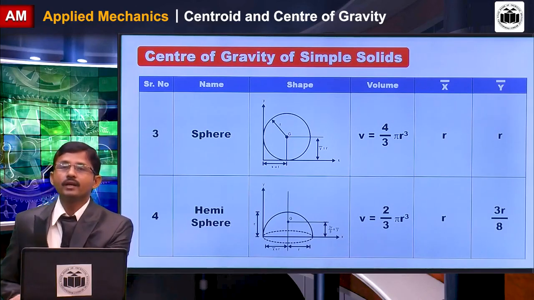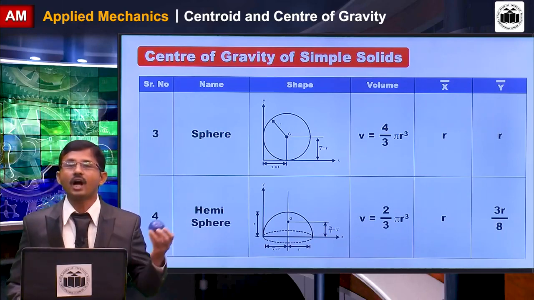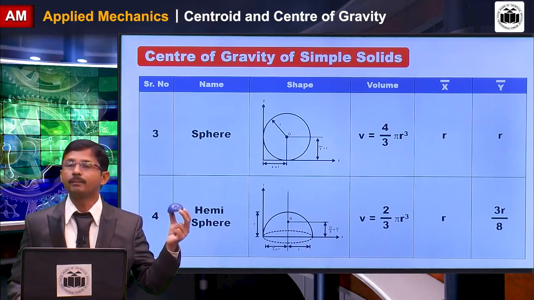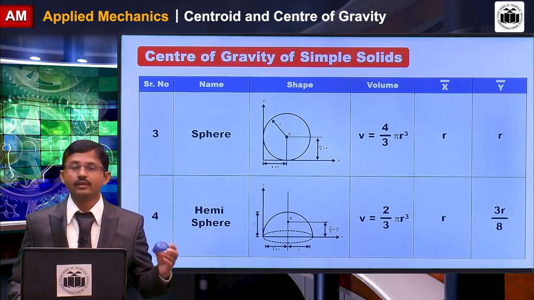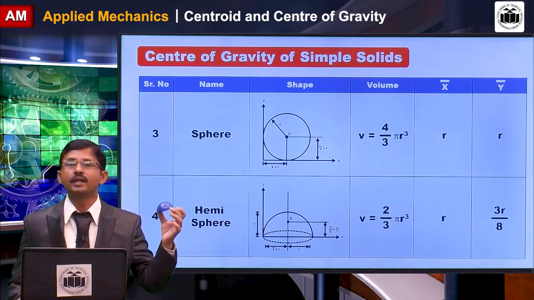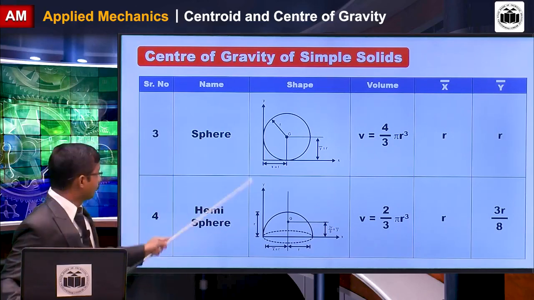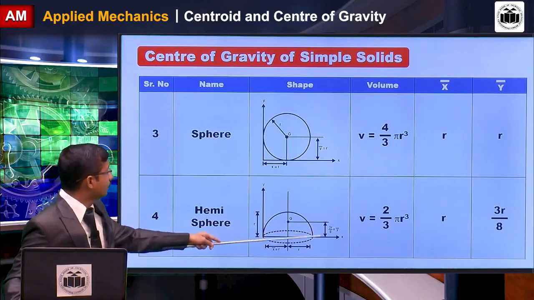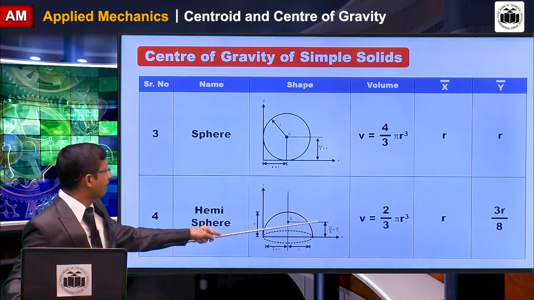Hemisphere is nothing but the half of the sphere. The volume of this hemisphere is 2 by 3 pi r cube, and the x bar of this particular hemisphere is r from the y axis, and from the x axis the y bar is 3r upon 8.